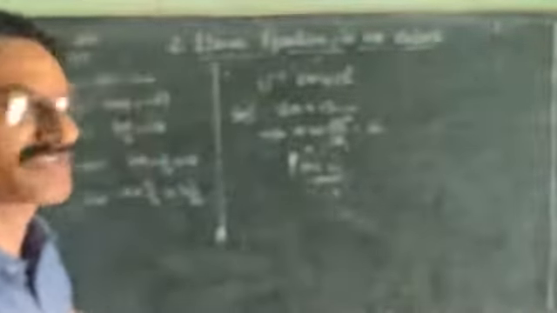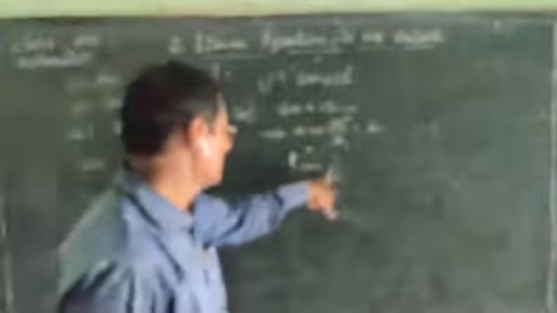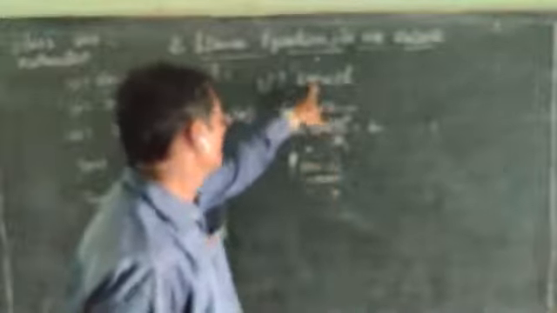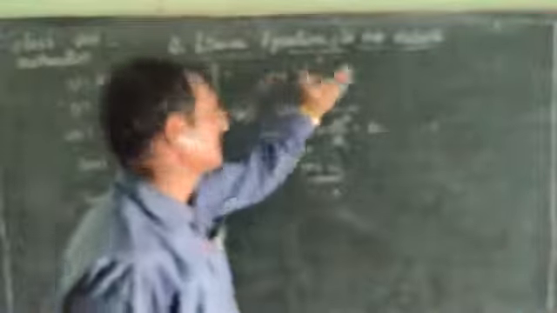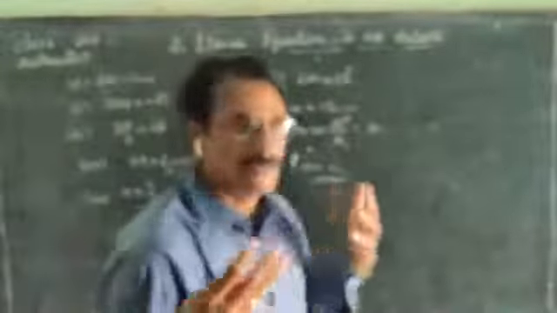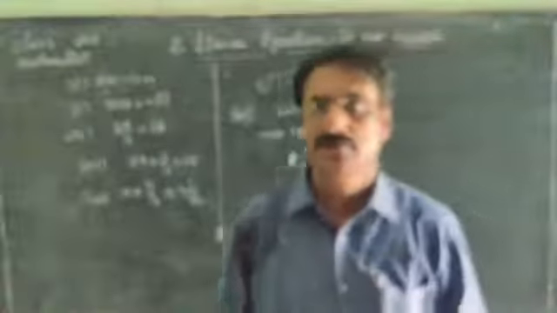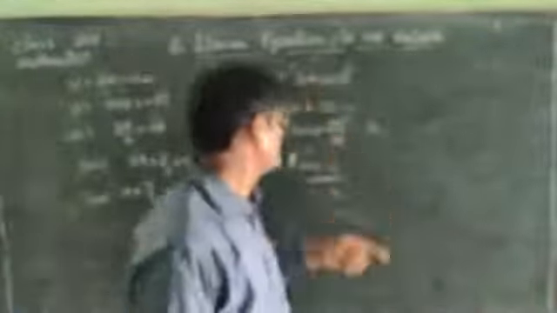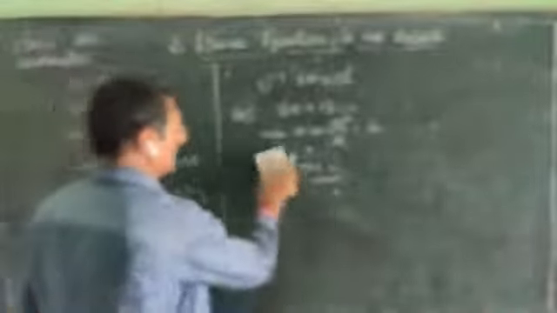The m value we got is 2, so 2 is the solution of this equation. Just substitute in this equation: 6 2s are 12 on the left side, and 12 is on the right side. So this value makes both sides equal, LHS equal to RHS, so it is the solution or root of the equation.